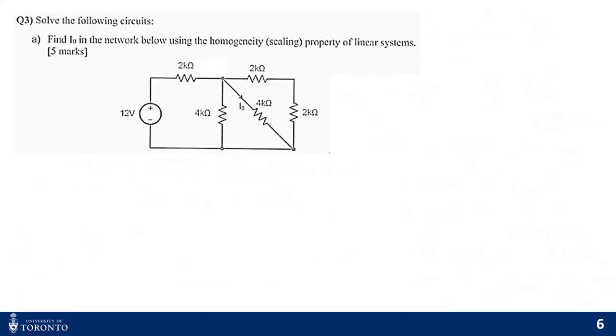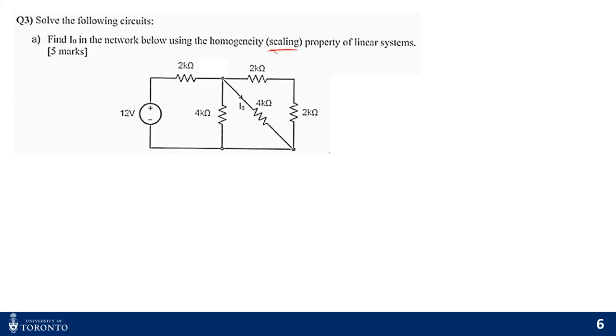Part of the last question of the exam. So for this one, it has two parts and it considers linearity. Basically this is the first part, where they have asked you to find I naught using the scaling property of linear systems.